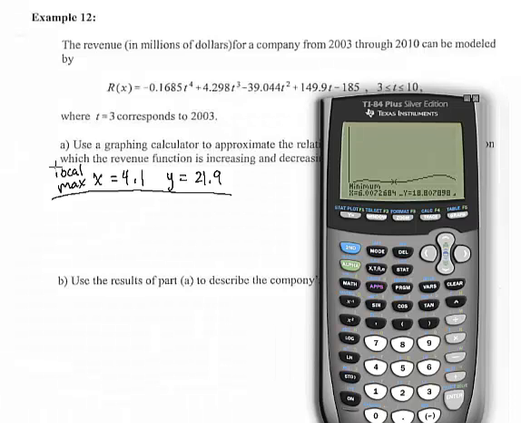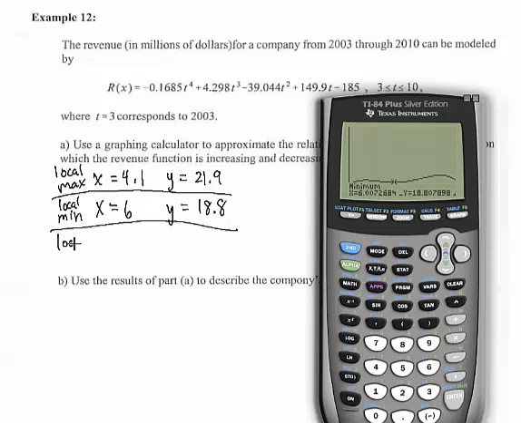And according to the problem, revenue is in millions, so that would be 18 million. And I'll round it to 18.8. And again, this is the local minimum.